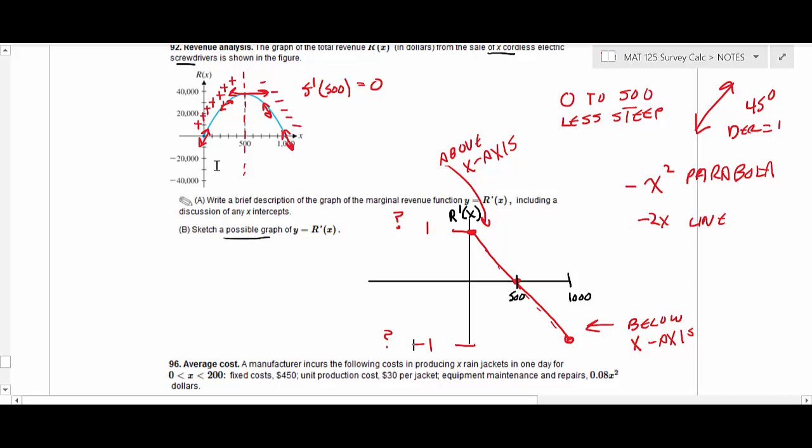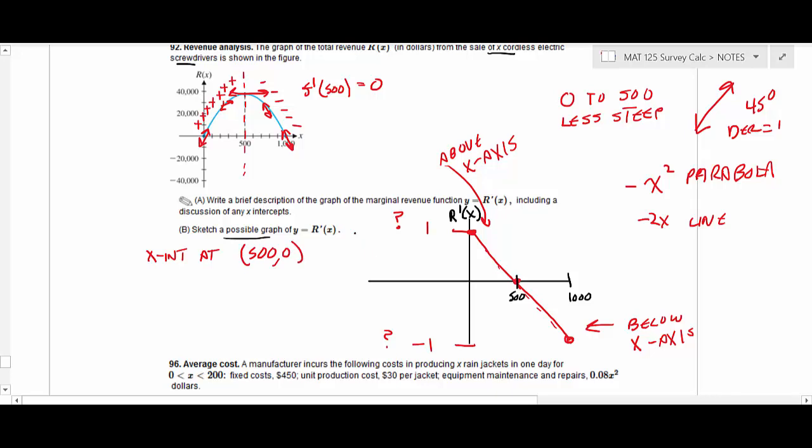I think we also want to write a description of the graph of the marginal revenue function. Okay, so what this means is we're supposed to do the x-intercept. So you would have an x-intercept at the point (500, 0) on your derivative.